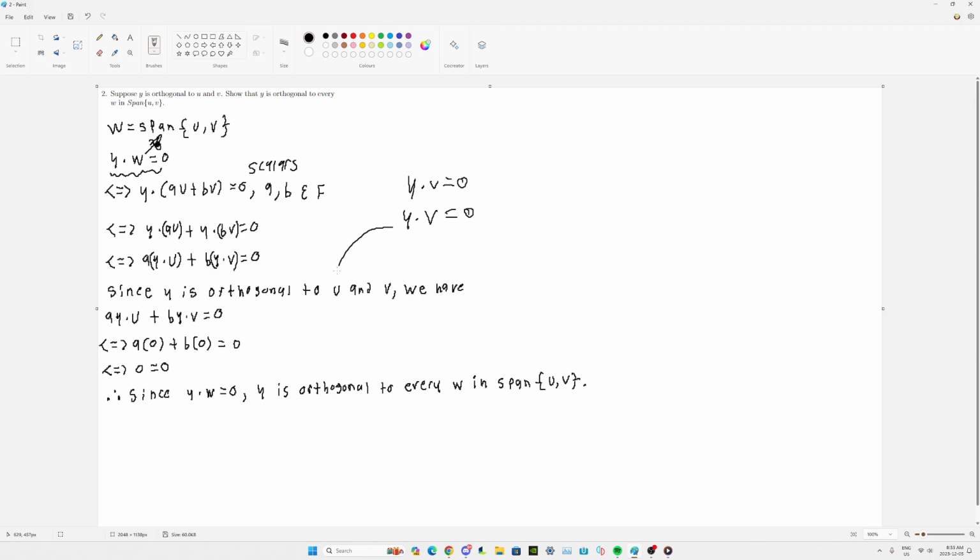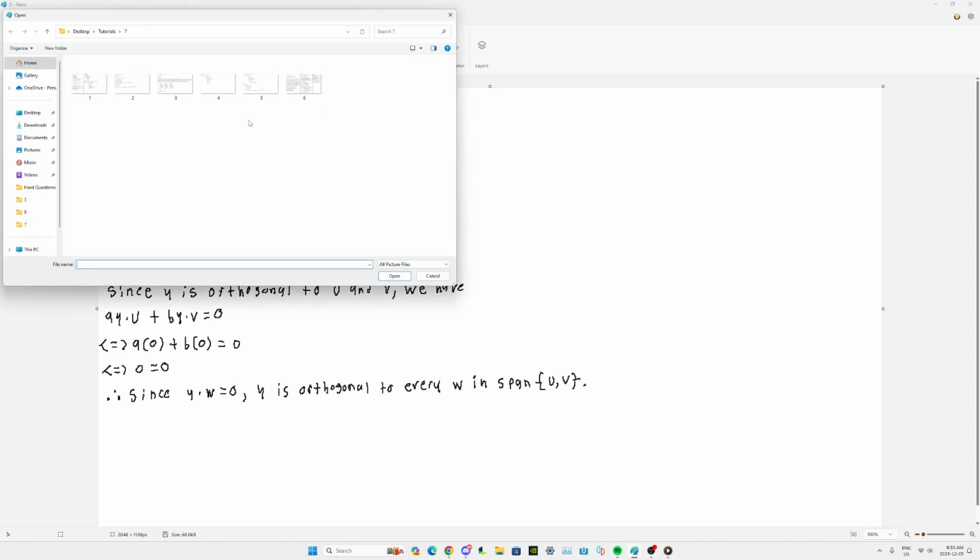So since they are orthogonal, we see that we factored that out over here. That's just going to go to 0, and that's going to go to 0. That's why we can do that. Yeah, so therefore, since y dot w equals 0, y is orthogonal to every w in span uv, because w can be any linear combination. Right, so that's every piece.